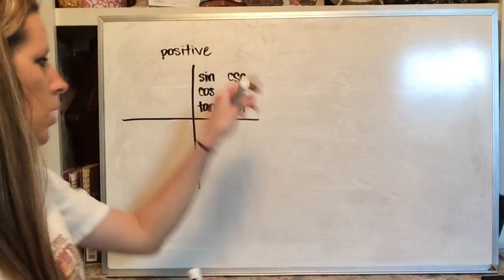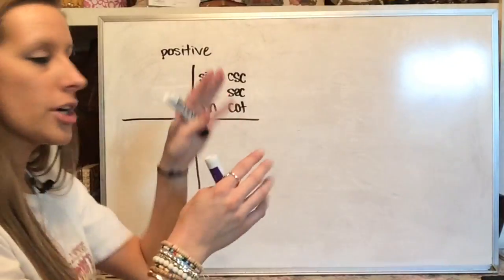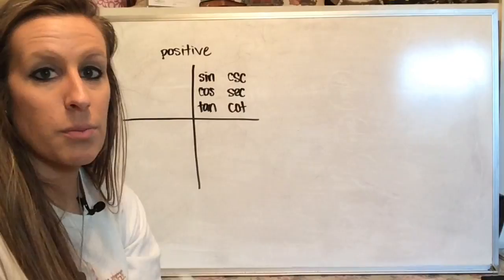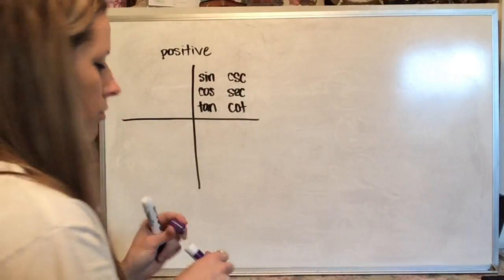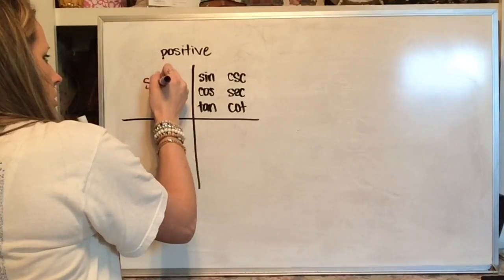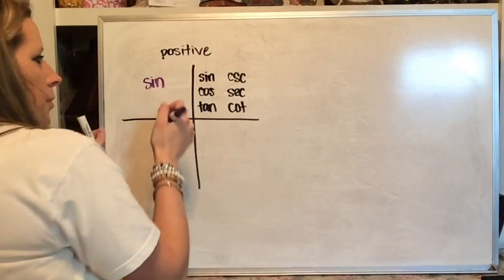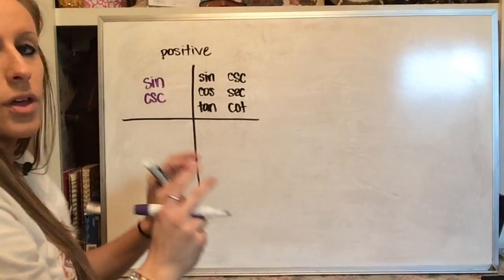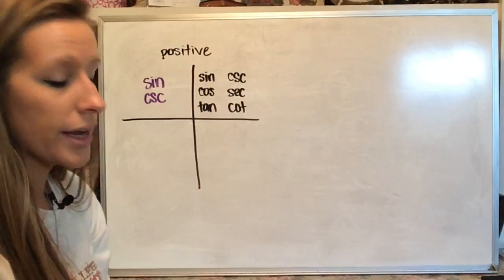Number 2 was in quadrant 2, right? We had a triangle over here in quadrant 2. Look at what trig functions were positive for quadrant 2. Okay, sine was positive, and its reciprocal cosecant, that was positive. But those are the only ones, right? The other ones were negative.